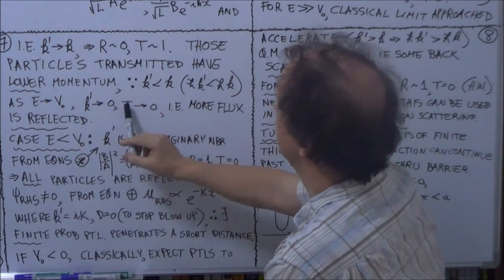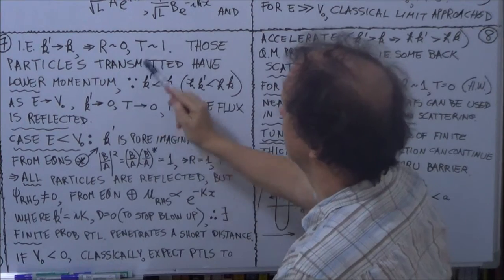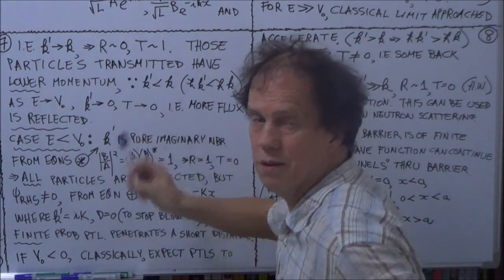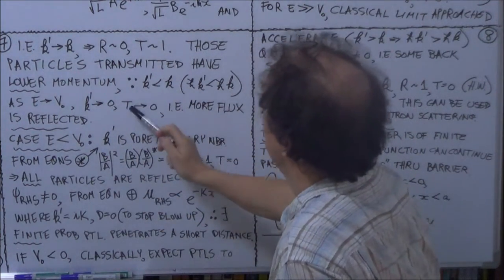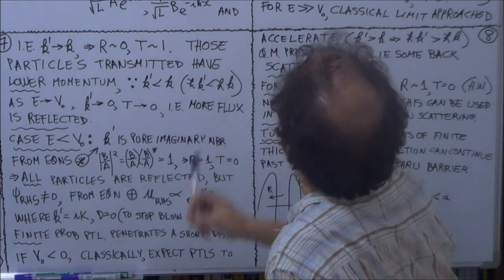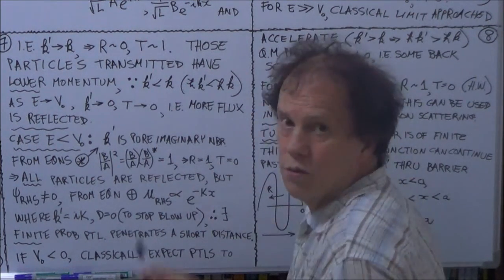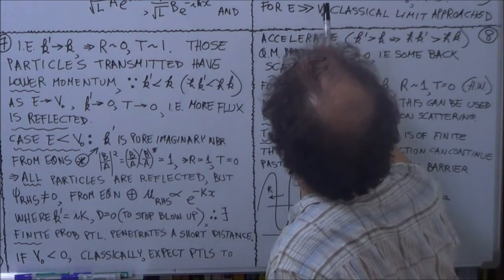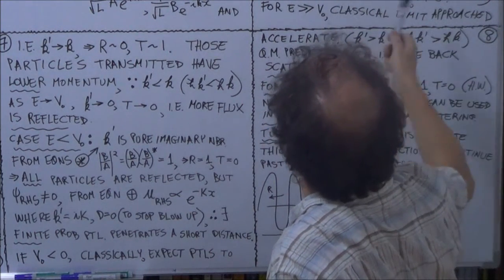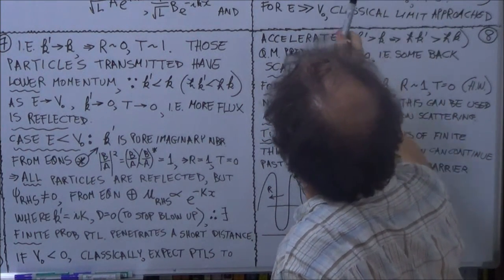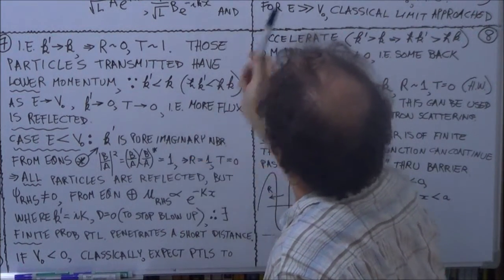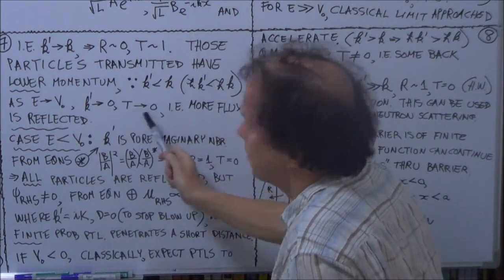And if K dashed is 0, big T, the fraction of your flux that gets transmitted, again, look at the previous session, I'll just read it out to you. Big T is equal to 4K K dashed divided by something. Well, if K dashed goes to 0, T goes to 0, right?